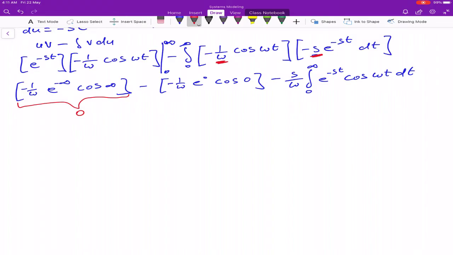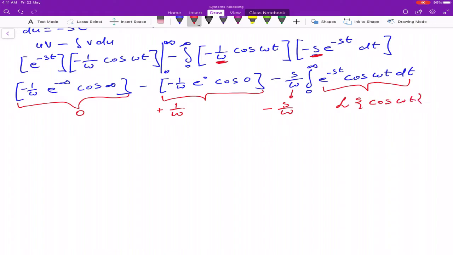And e to the 0 is 1, so here we are going to have minus and minus is positive, so plus 1 over omega. And here we are going to have minus s over omega. This one is just coming out here. And this part here, just like before, is the Laplace transform of cosine omega t.